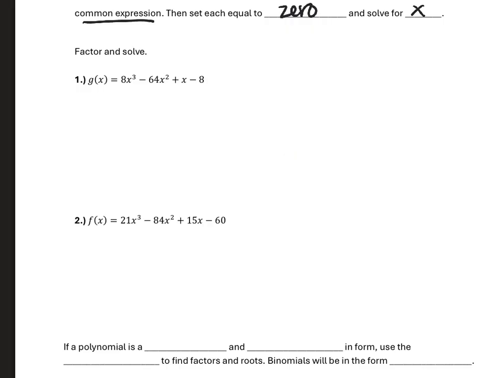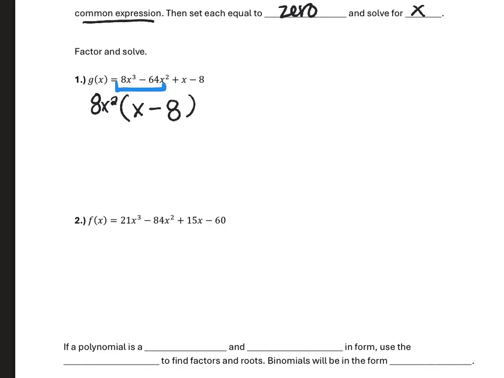So for this, we could group these two together because they have a common factor of 8x squared. So I could pull out an 8x squared from both of those terms, which would leave me with, not 8x, it would just be x. If I pull out 8x squared, x minus 8.